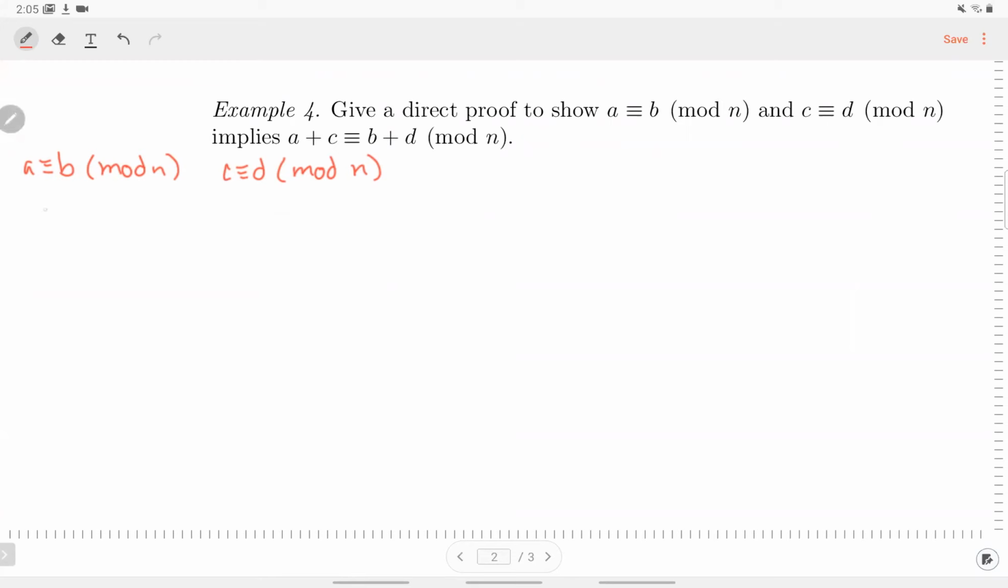My definition: this means n divides A minus B, and this means n divides C minus D. But now I have another definition to use because I have to remember, what does divides mean? Well, that means A minus B is n times some integer k, and C minus D is n times some integer L.